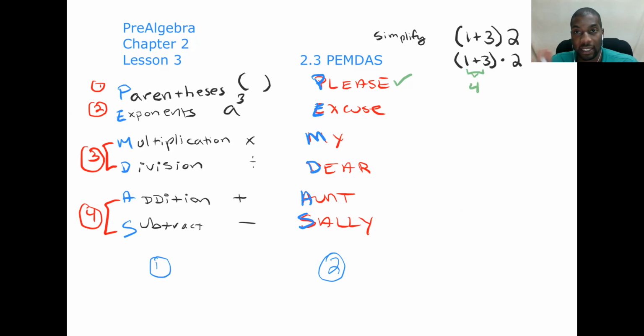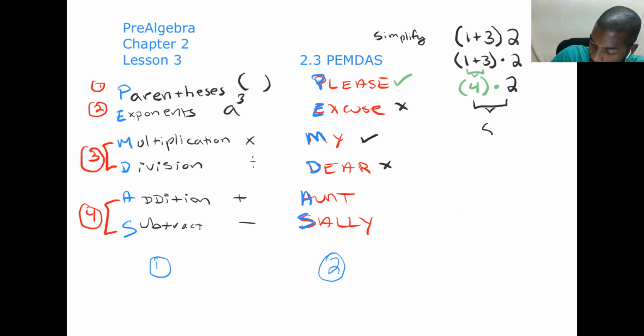There might be other things later on in the parentheses, but today, this is what's inside. So we have 1 plus 3, which is 4. 4 times 2. Do I have any exponents? Nope. Do I have any multiplication or division? Yes, I have multiplication, no division. 4 times 2 is 8. Do I have any addition? No. Any subtraction? No. There you go. Your answer is 8. 1 plus 3 times 2 is 8.